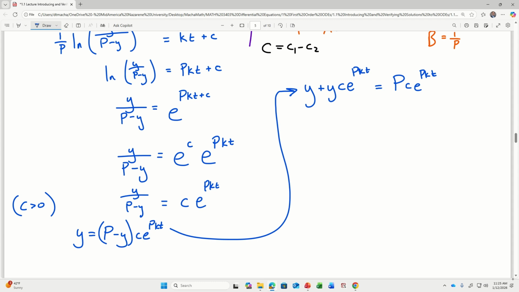Now I can factor out the y and divide both sides by 1 plus c e to the pkt.